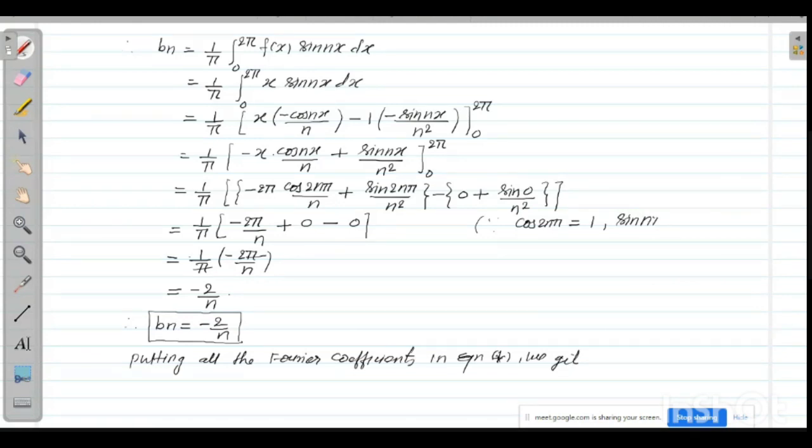Sin n pi equal to 0, whether it is sin pi, 2 pi, 3 pi, any multiple of pi, that will be your 0. This is your result. You must remember this. And sin 0 is 0. And sin 2n pi, if n is 1, becomes sin 2 pi, but sin 2 pi is 0.